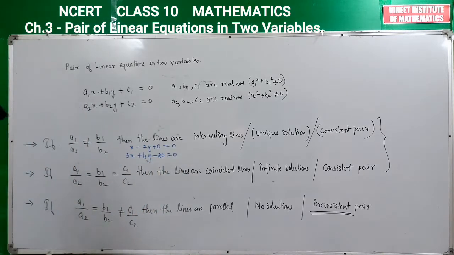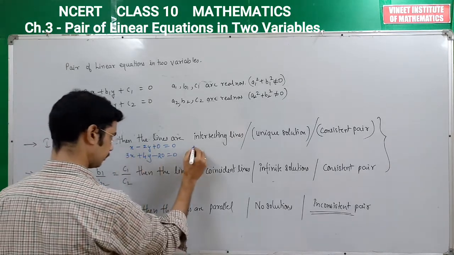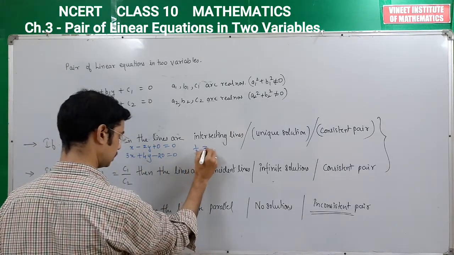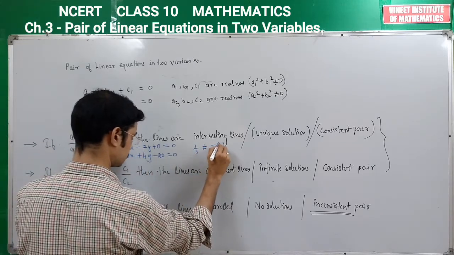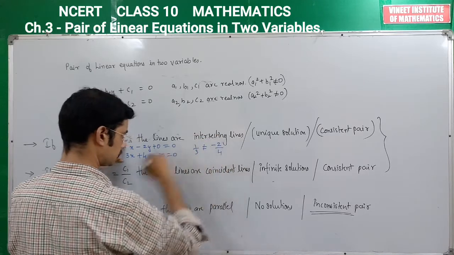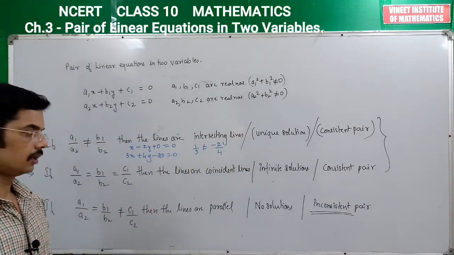In this case, we can see that 1 by 3 is not equal to minus 2 by 4, because minus 2 by 4 simplifies to minus 1 by 2.